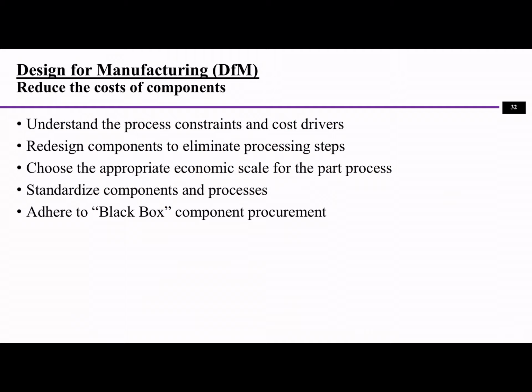For example, if you are giving a tight tolerance, sometimes you probably have to use a totally different machine or equipment or operation to make it. In this case, the process will be a constraint, and you probably have to increase a lot of cost just to change a little bit of the tolerance. So this is why you need to understand the process constraints and the cost drivers. Where are these costs to process those.